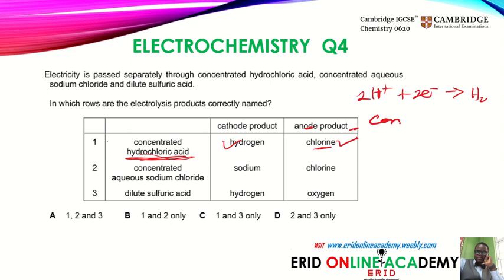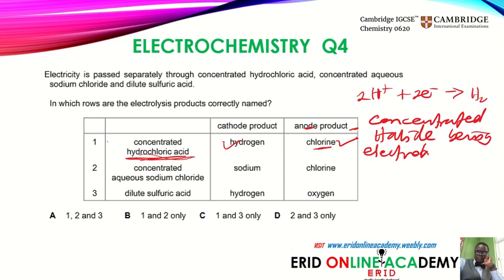When you have a concentrated halide being electrolyzed, then your halogen will be discharged. That's pretty much a clue.